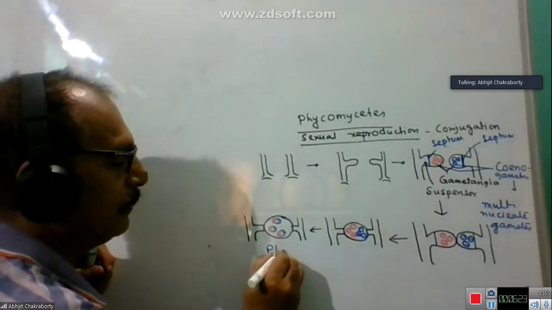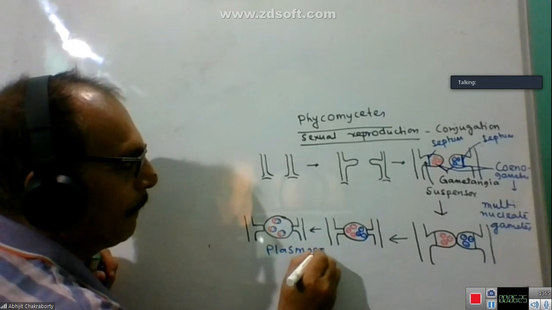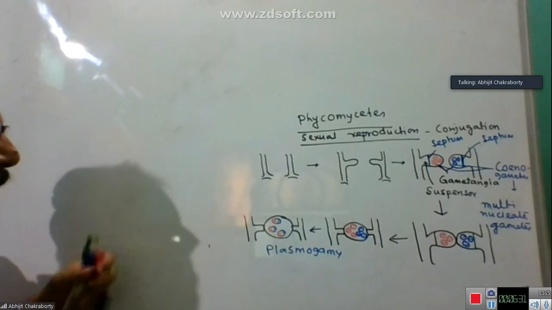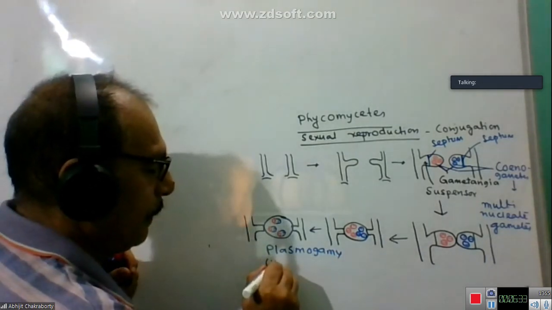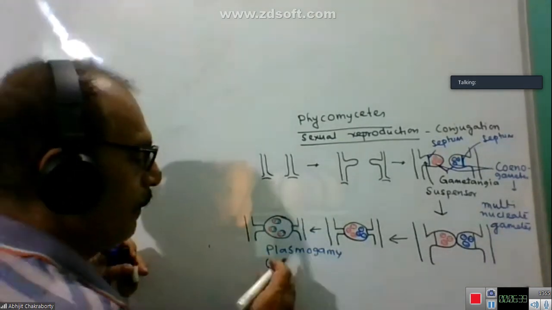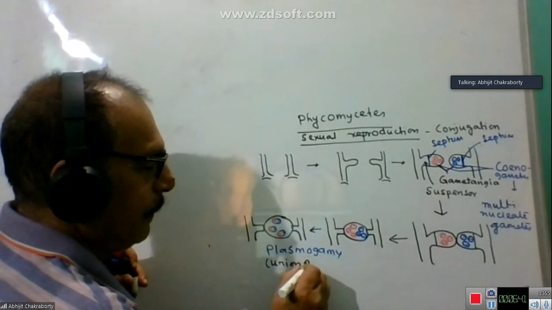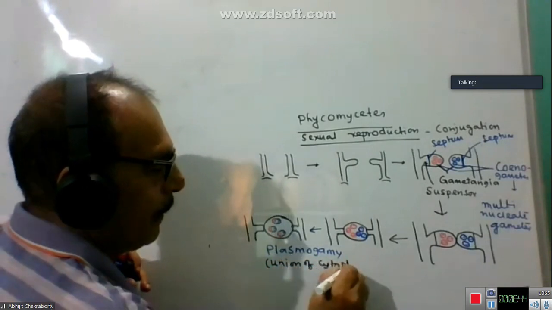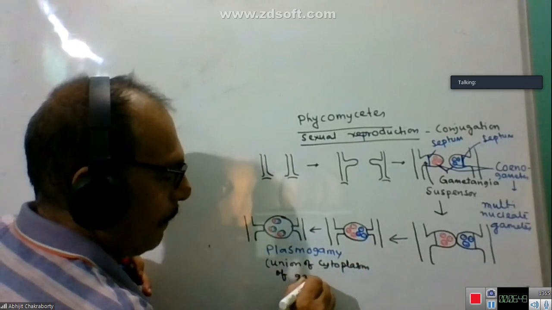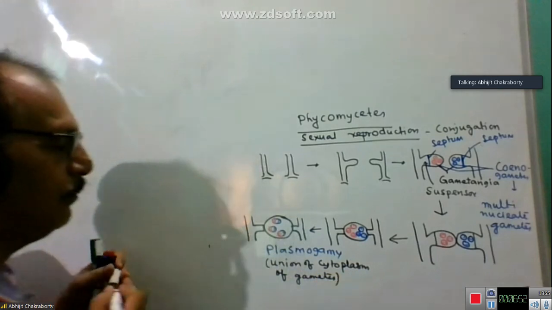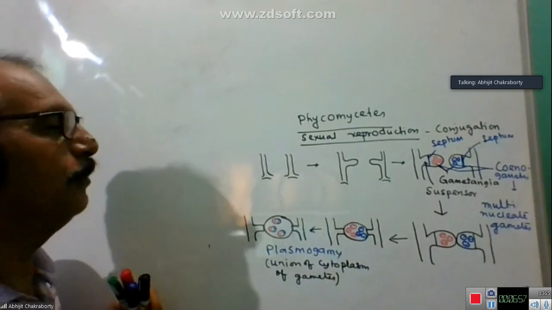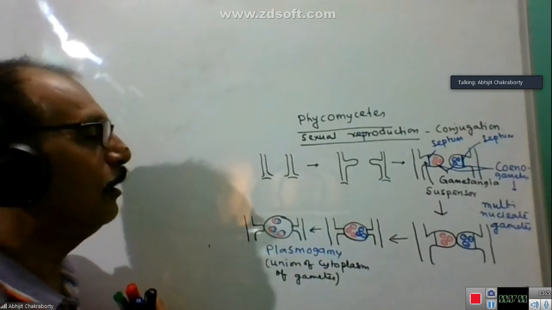You can call it plasmogamy. What is plasmogamy? Union of cytoplasm of gametes. This is called union of cytoplasm of gametes, and this is called plasmogamy.